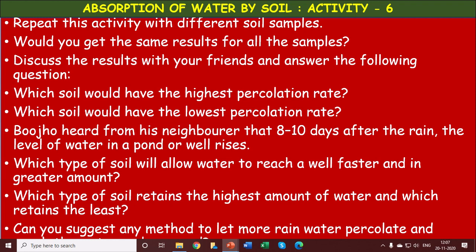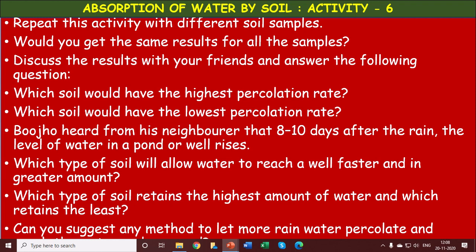Okay. So Bhojo heard from his neighbors, 8 to 10 days after the rain, the level of water in a pond or well rises. How does it happen? Because the groundwater level increases.